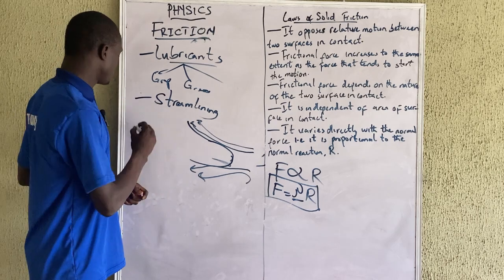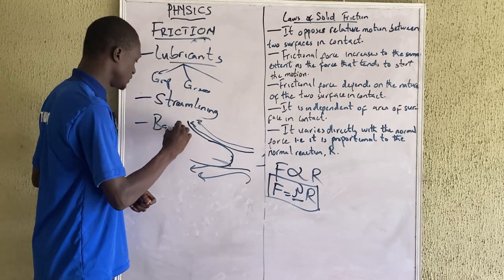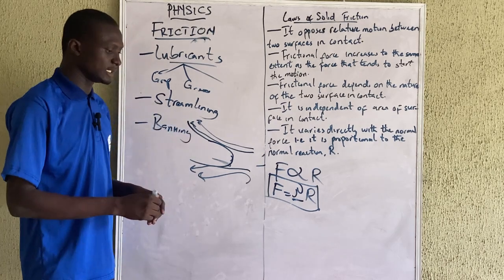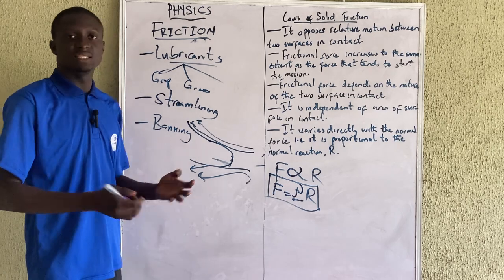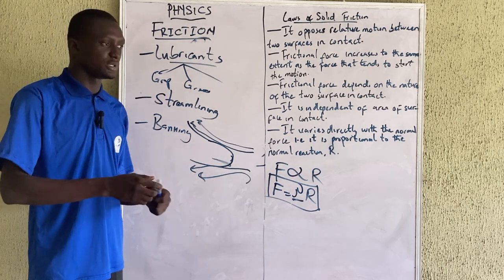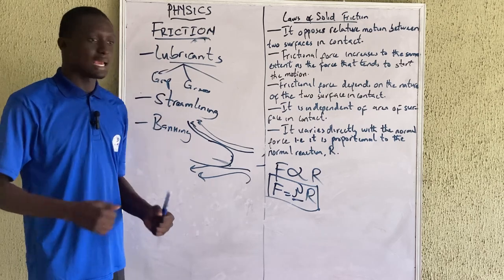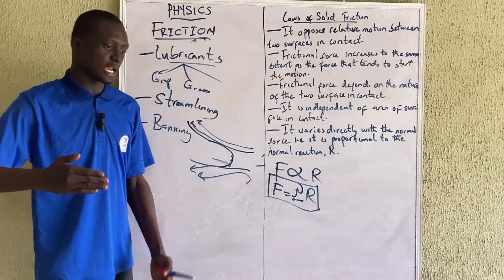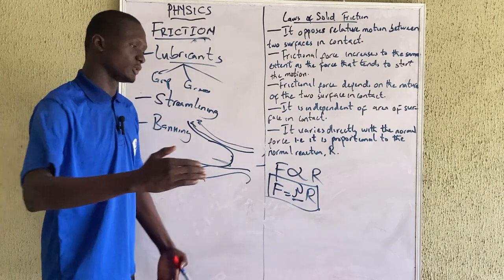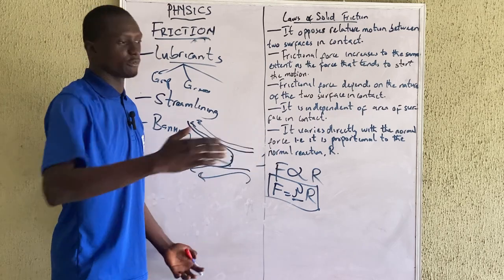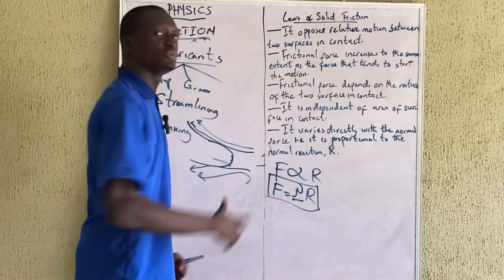Another way of reducing friction is by banking the roads. Banking of roads is very common in roundabouts. Let's say for instance you don't want to skid away. What's the meaning of that? Let's say I'm coming at a very high speed and I want to take a turn. If my speed is too high, of course I'm going to drift away.